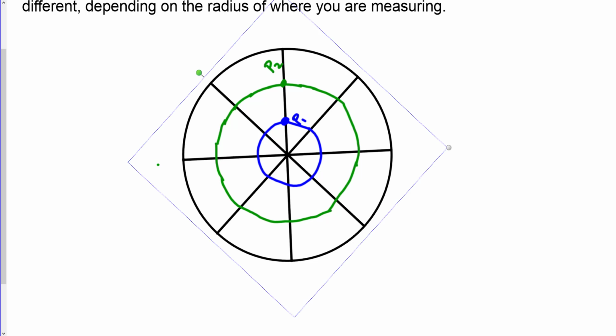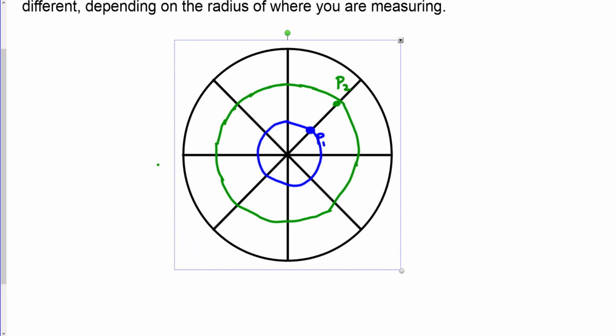What's different is their linear velocity, because linear velocity is, think about distance equals rate times time. The time is the same. So let's say it took me 4 seconds to get around the circle. The distance, however, is different. The distance for the first point is obviously smaller than the distance for the second point.